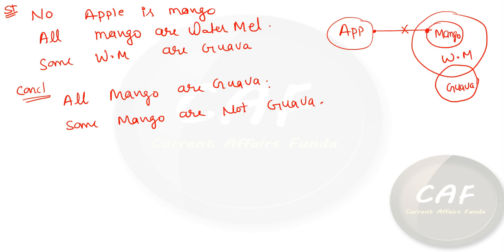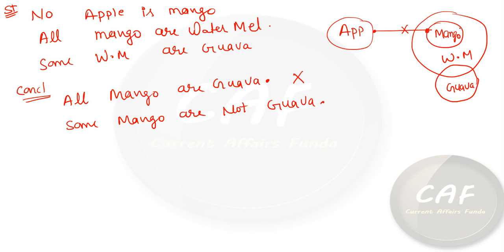And friends, we need to check our conclusions here. The first conclusion is saying all mangoes are guavas. This region is for the mango and these are the guavas here. Does the guava region touch the mango region? No. That means this will not follow. Now let's check the next conclusion here: some mangoes are not guavas.